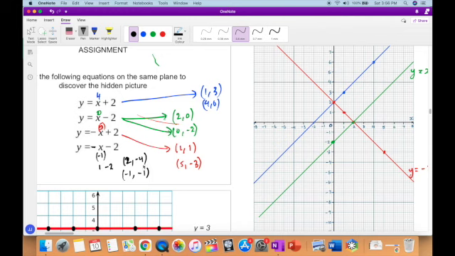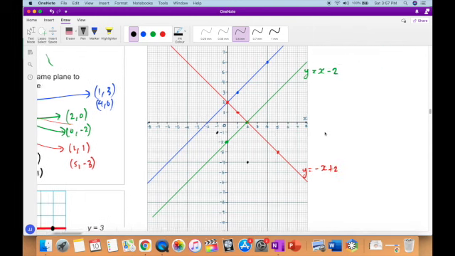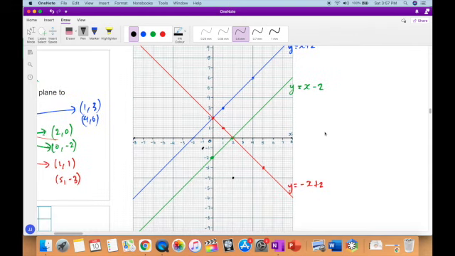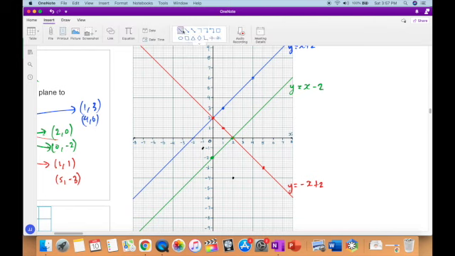So now I have these 2 points here: the point 2, negative 4, and then the point negative 1, negative 1. And now I will try to insert a line here.